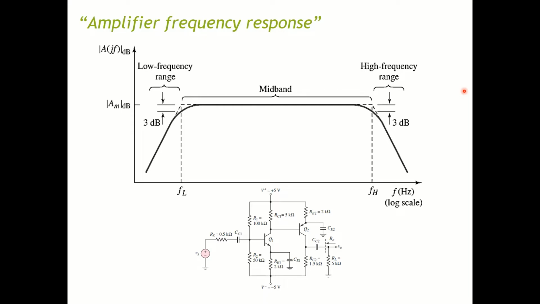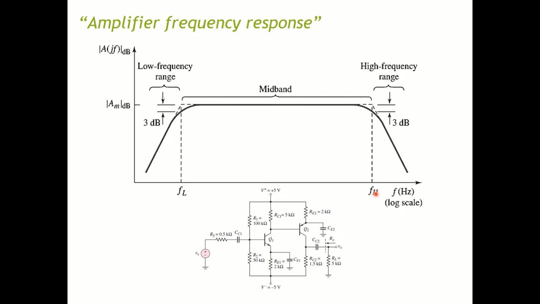So in this region, your gain is almost constant. Another thing to notice is the bandwidth of the amplifier is defined as this width here. Just use FH minus FL, and this whole thing is the bandwidth.